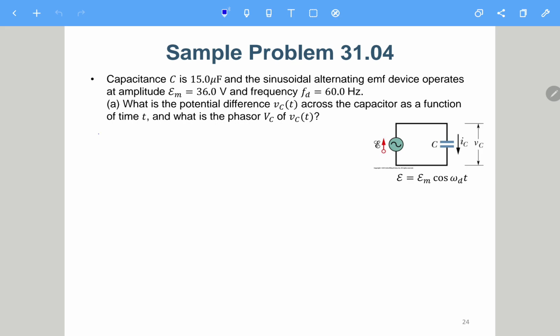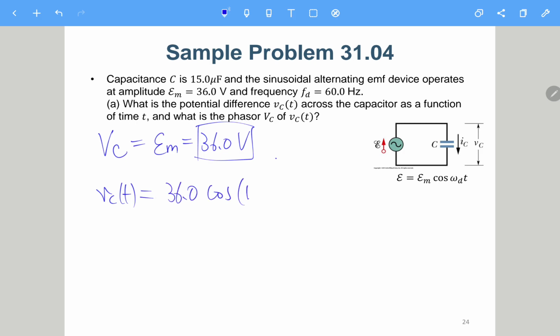Usually we use a capital letter to stand for the phasor. VC is nothing but EM, which is 36.0 volt, and VC of t is still 36.0 cosine 120 pi t, the same as the previous one.